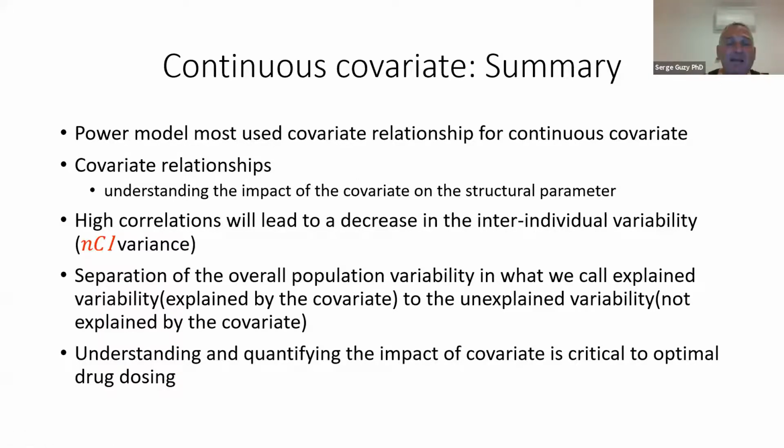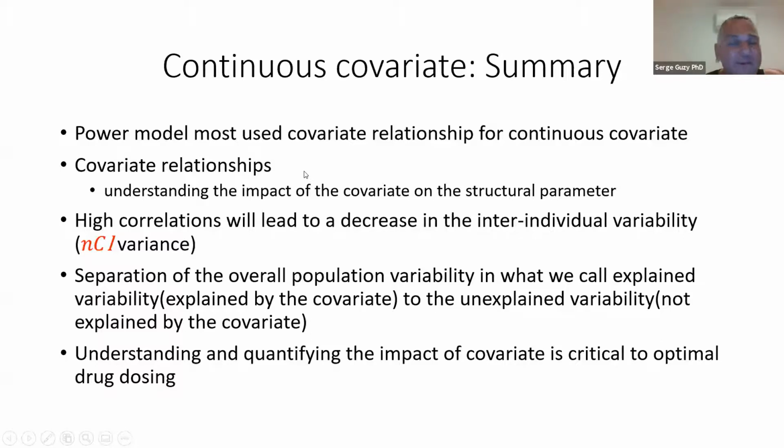And if I'm able to use a covariate relationship that allows me to differentiate between male and female, what I'm going to see is that the variability in the population, once I account for a covariate, is going to shrink. It's going to decrease. Why? Because now a part of the population variability is explained by the covariate.